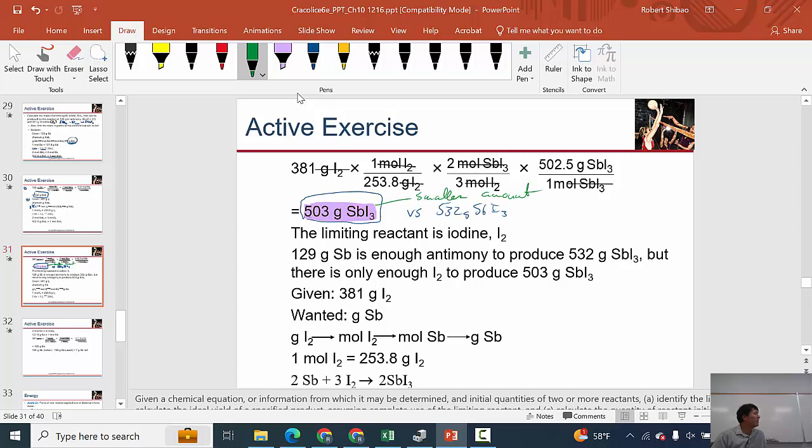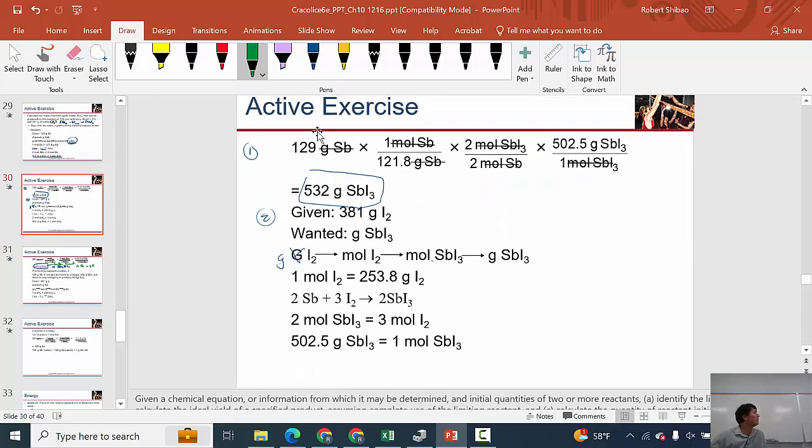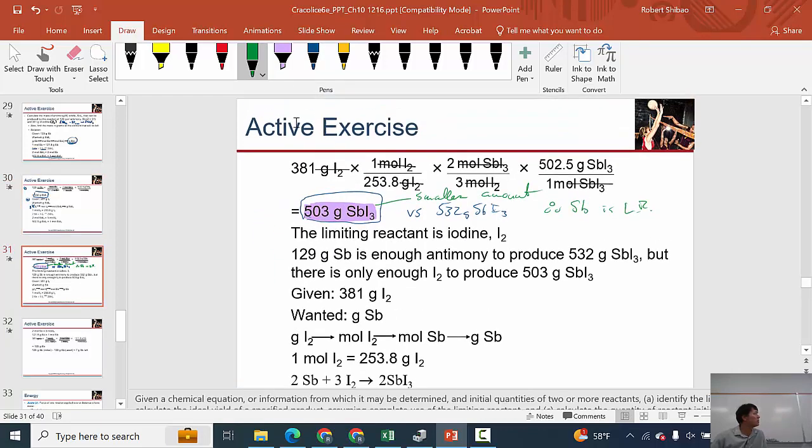The smaller amount, therefore, antimony is the LR. How many grams of antimony did we have? 129 grams. So 129 grams of antimony is the LR because that produced the smaller amount. 381 grams of iodine is the excess reagent.